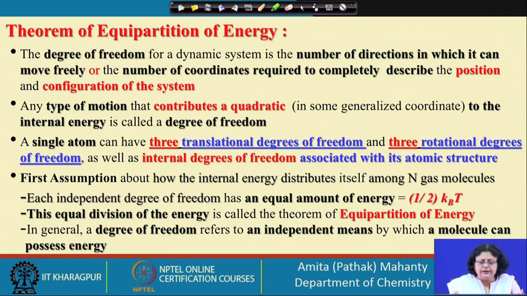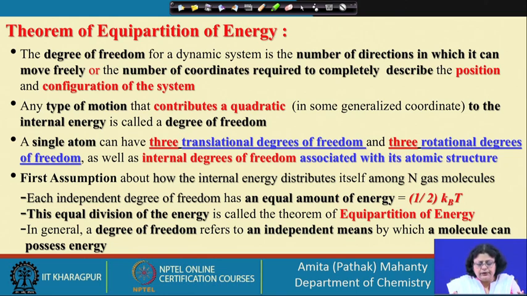Any type of motion that contributes a quadratic in a general coordinate to the internal energy is called the degree of freedom. Any type of motion that contributes a quadratic, you may understand it as a square, to the internal energy is called the degree of freedom.